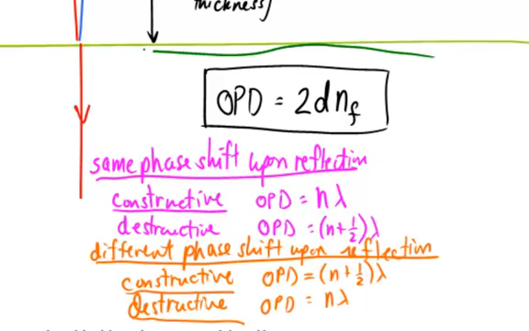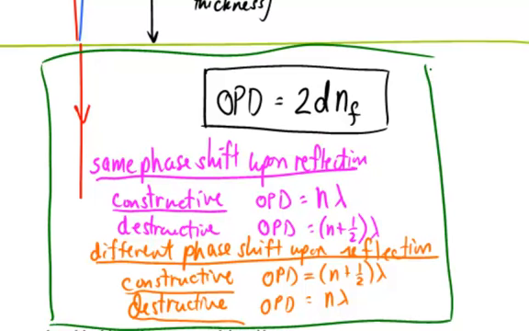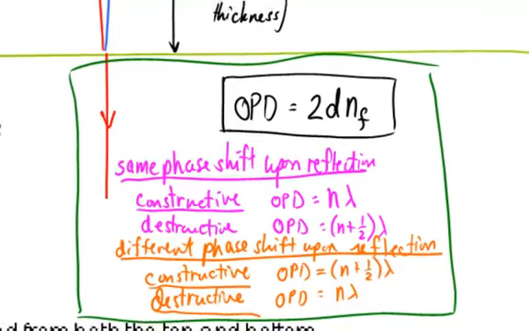It is this set of conditions here that governs thin film interference. And what ends up happening is that we have to pay attention to the kinds of surfaces that are involved and account for phase shifts when we're trying to determine maxima and minima when we're looking at thin film interference.